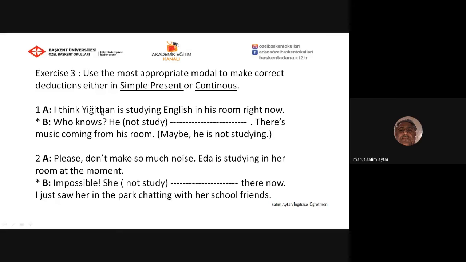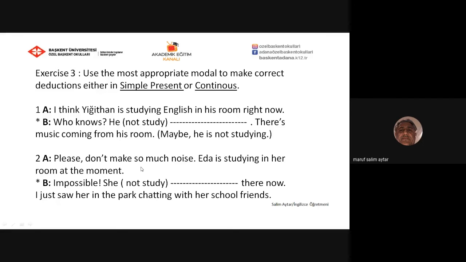I think Ethan is studying English in his room right now. Who knows? So, do we have to make a strong deduction or a weak one? A present deduction or present continuous one? Pay attention, please. The same one goes with the second.